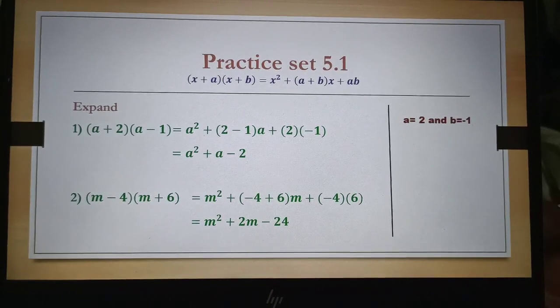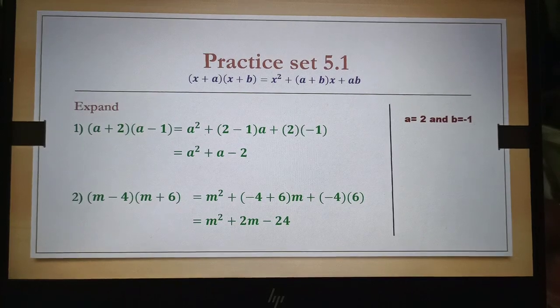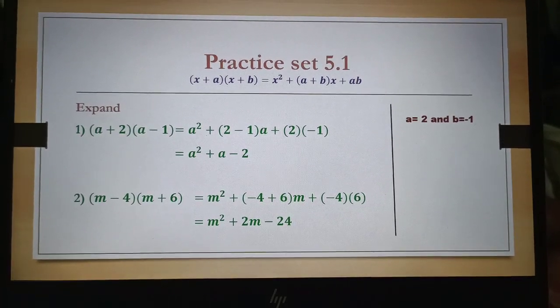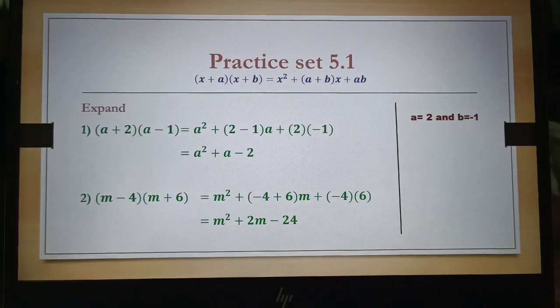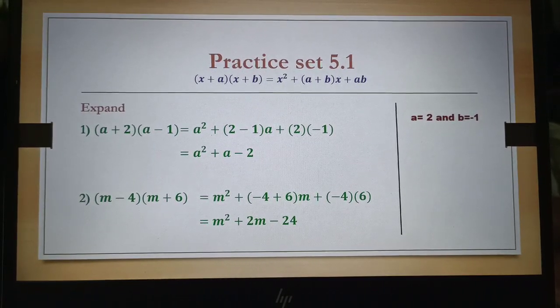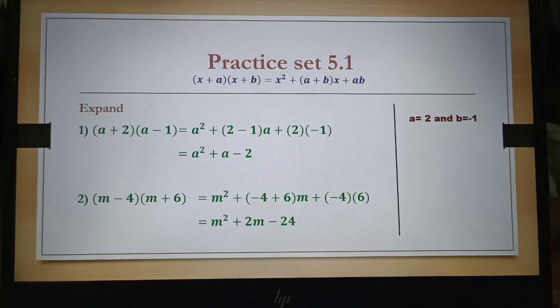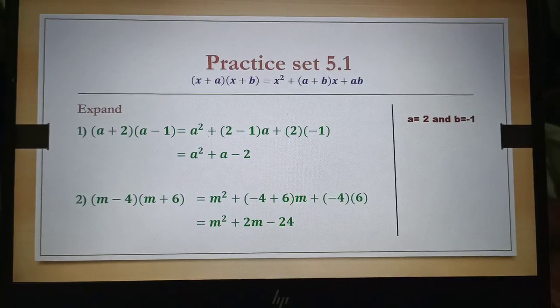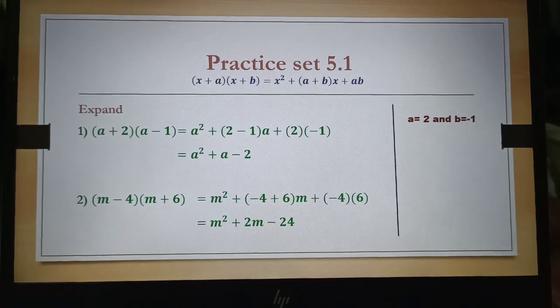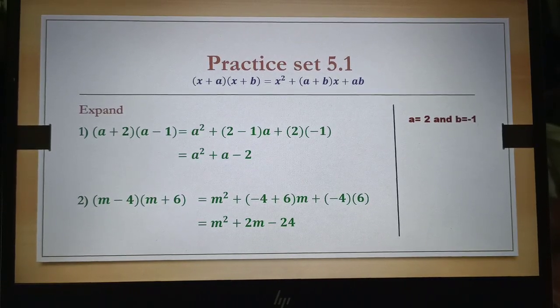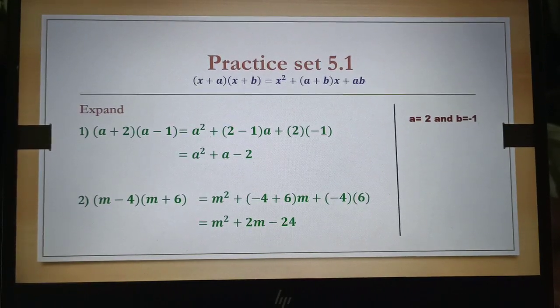Now apply these values to this formula. So we get 2 minus 1. So 2 minus 1 is 1. So we can write it as 1 only a. And next, come to the third term. When we multiply 2 into minus 1, that is minus 2. So finally we get the answer a square plus a minus 2.